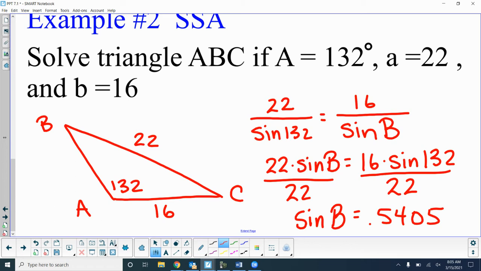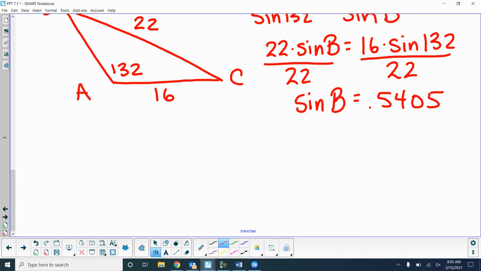All right. Now, when I'm looking for angle B, I have to hit second sine, which is inverse sine. Okay? This is where I'm going to put in the calculator.